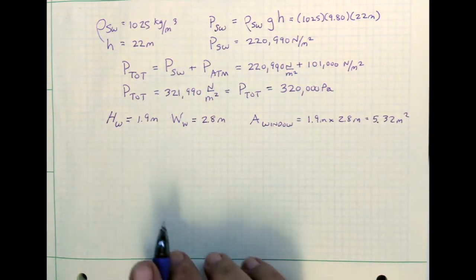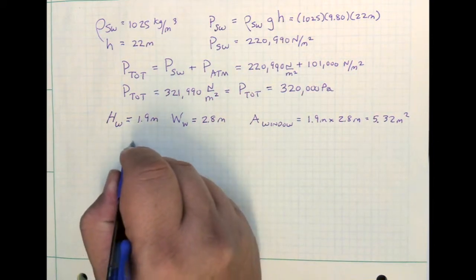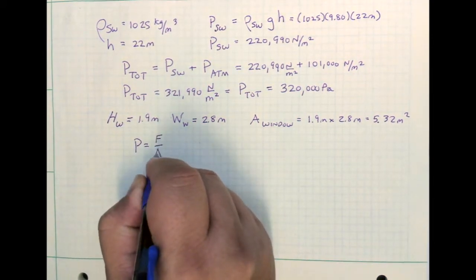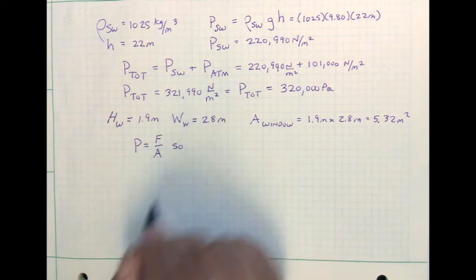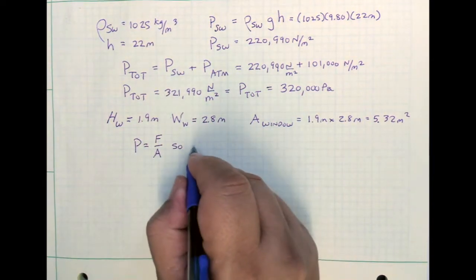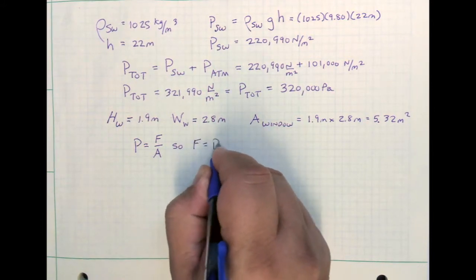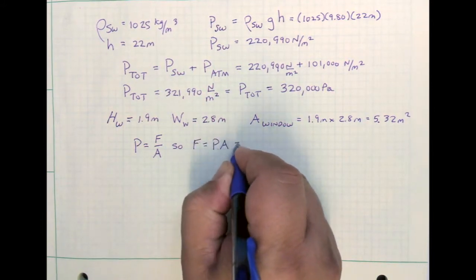These data are important because we have the formula for pressure. Pressure is force divided by area. So doing a little algebra here, we come up with a formula for force. Force is pressure times area.